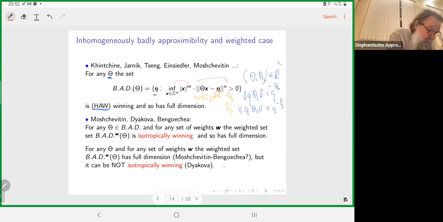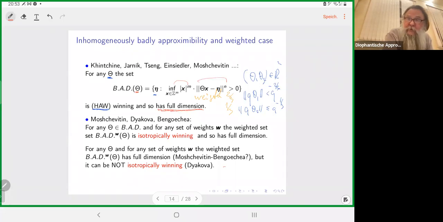In fact, in the weighted case, it is not difficult to prove that this set, for any matrix theta, has full Hausdorff dimension. But as for the winning property, it seems to me that the question is still open, because the situation for the winning property may be a little bit different.